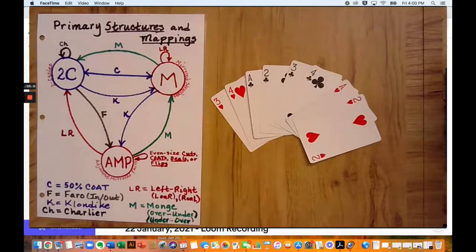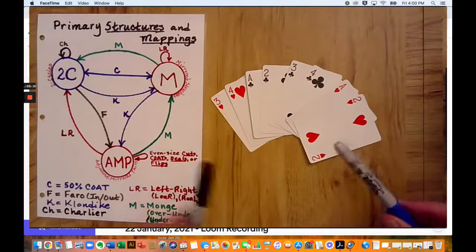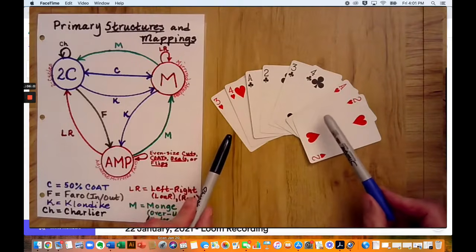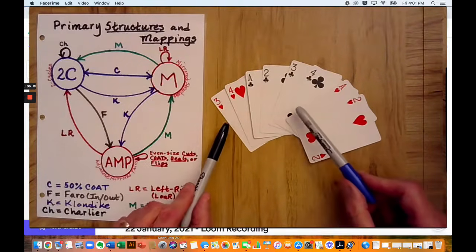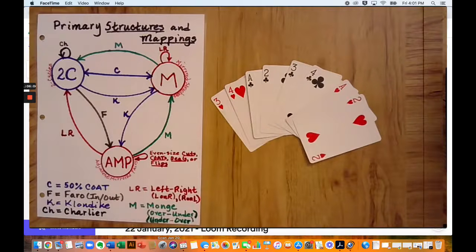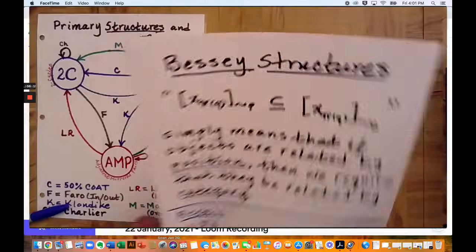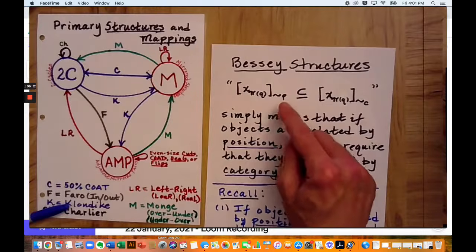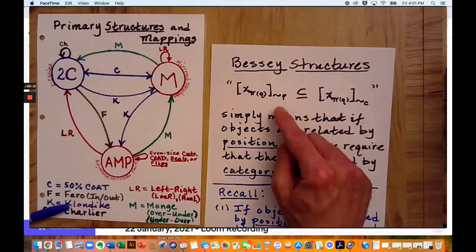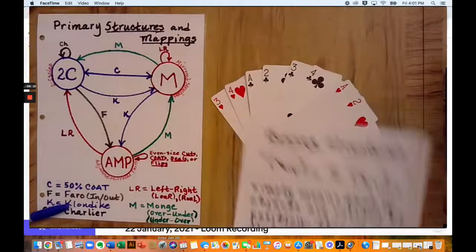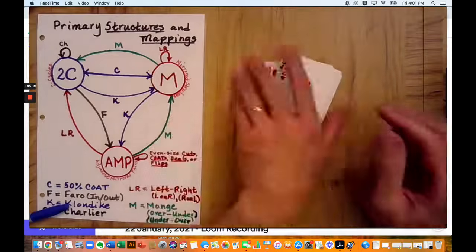But as far as the definition of a two-cycle, what we are looking at right now on the table is just as legitimate a two-cycle as the original one, because we just need p-equivalent cards to be c-equivalent. That's all this is saying. The cards that are p-equivalent need to be c-equivalent. That's all we're doing. So this is the two-cycle.